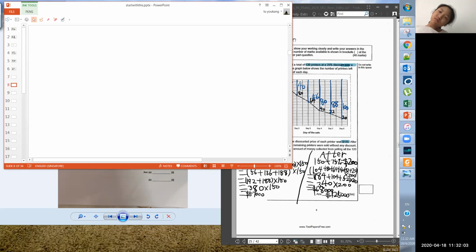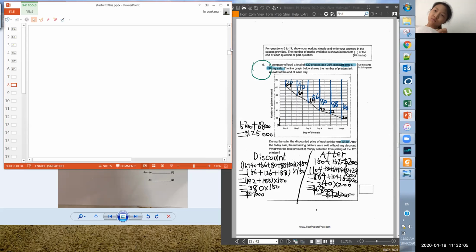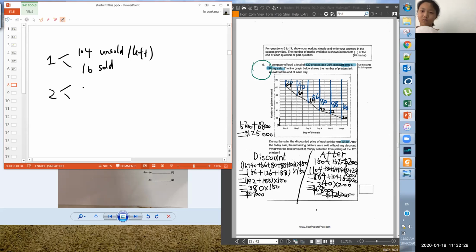After day one, you have 104 unsold or left, right? So that means day one is 16 sold. Okay, day two. Day two is, so you have 80 unsold.